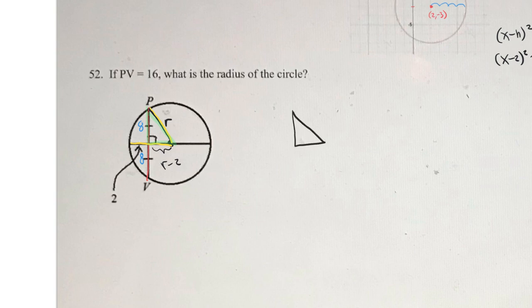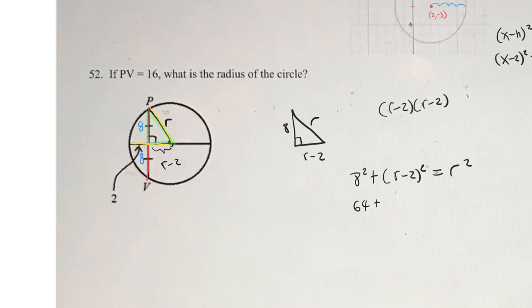Let's extract that triangle so we could see a little bit more clearly what's going on. This is what's going on. So we could use the Pythagorean theorem. We could say 8 squared plus r minus 2 squared equals r squared, and therefore we have 64 plus, now r minus 2 squared is really r minus 2 times yet another r minus 2.